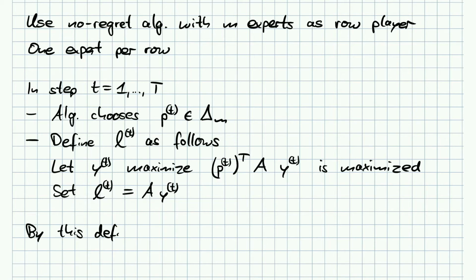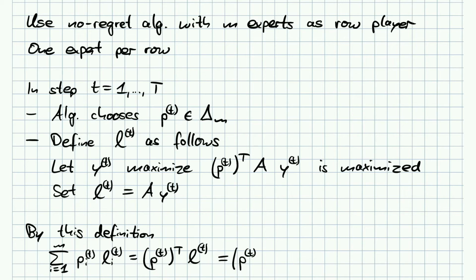So by this definition, the cost that the no-regret algorithm incurs is nothing but PT transposed times LT, or in other words, PT transposed times A times YT.